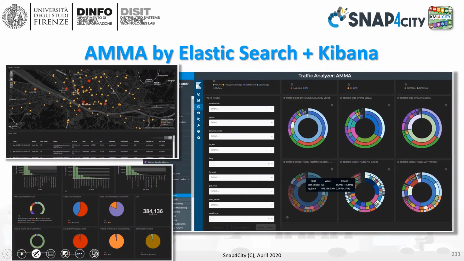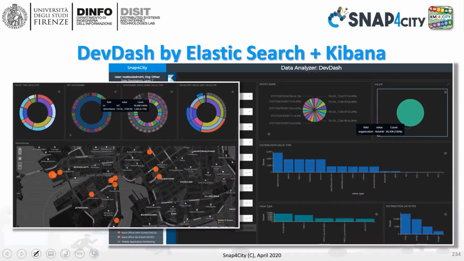It is based on Elasticsearch and Kibana and allows you to identify traffic by organization, or traffic by data kind, traffic by client and servers inside, which kind of application has created too much traffic and so on. So DevDash is the data shadow monitoring.